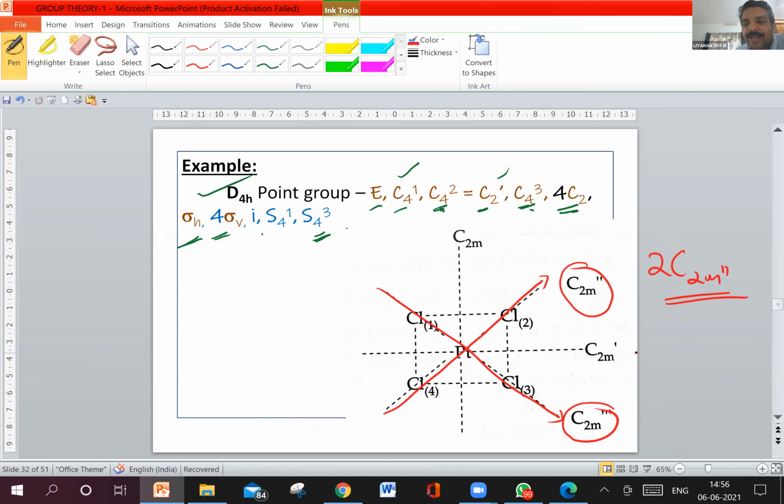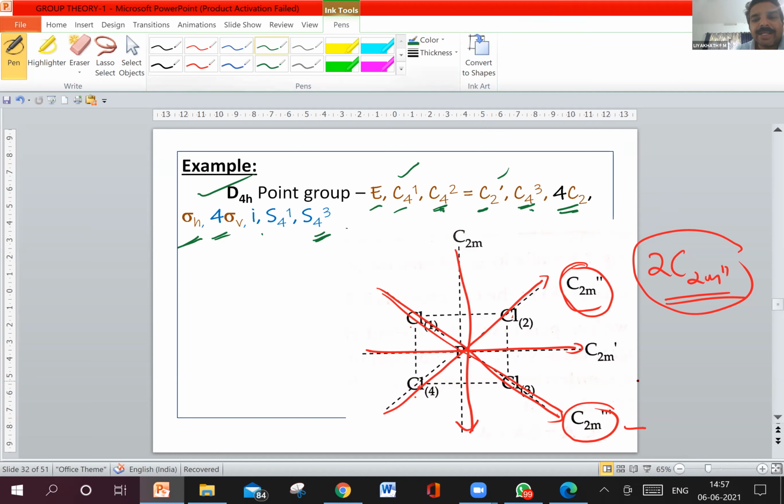They belong to a separate class because they are equivalent. They all pass through the platinum and two chlorine atoms. So this C2 and this C2 belong to the same class. Another C2 passes between these two chlorine atoms and through the platinum, that is, this C2 and this C2. That also belongs to the same class.